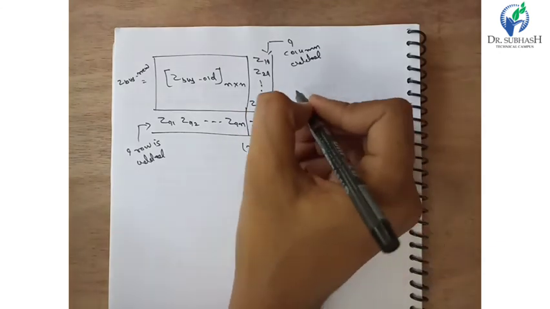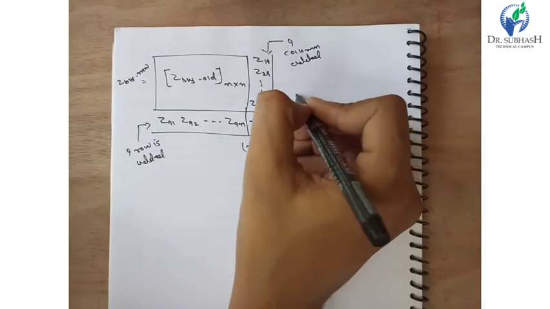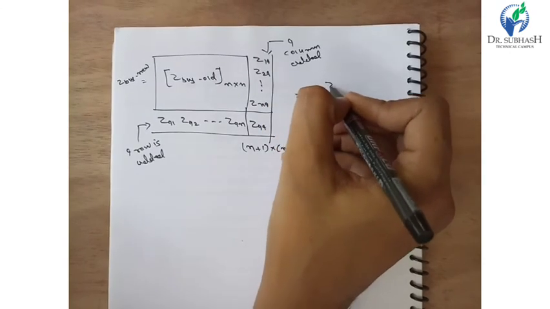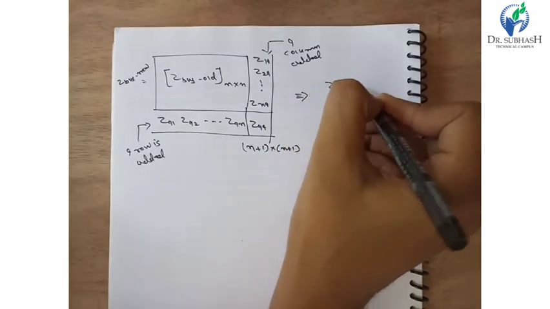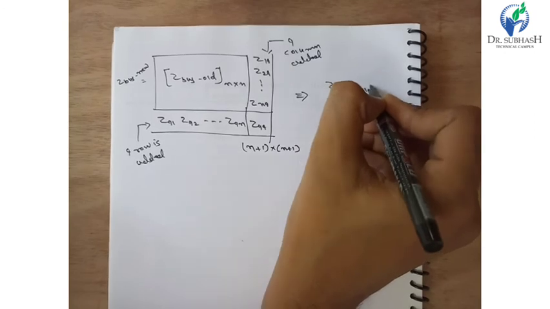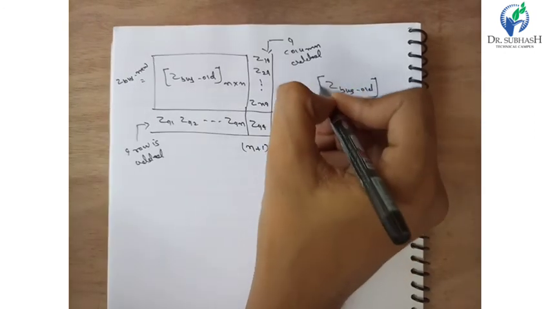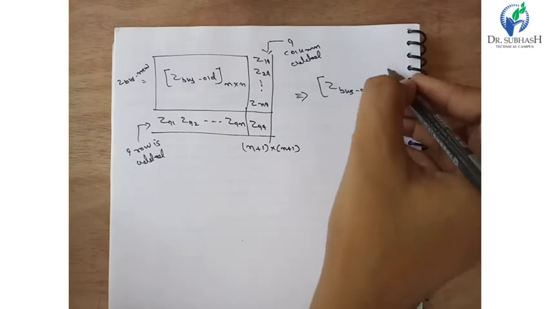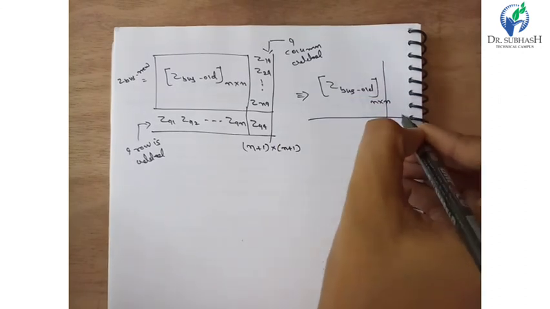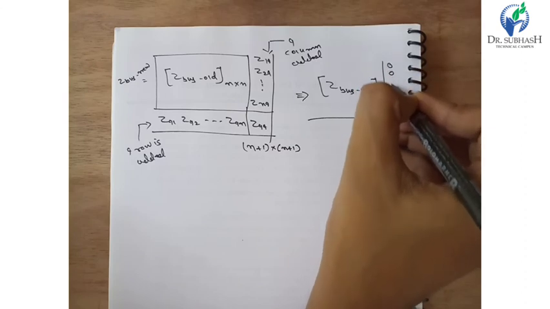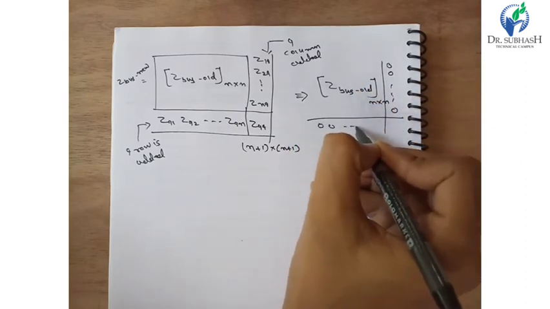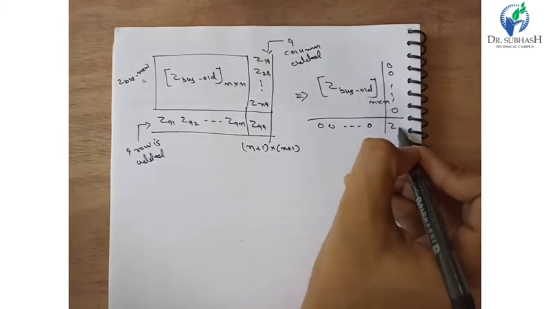The output of this value is equal to Z bus old, n cross n, with zeros: 0 0 up to 0, 0 0 up to 0, and ZS.